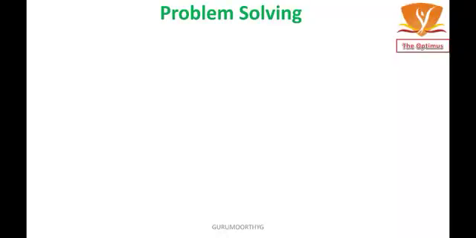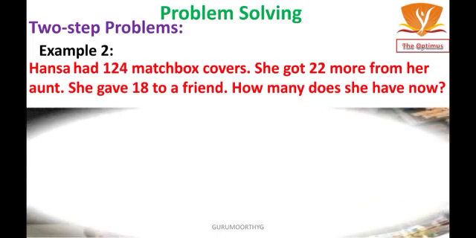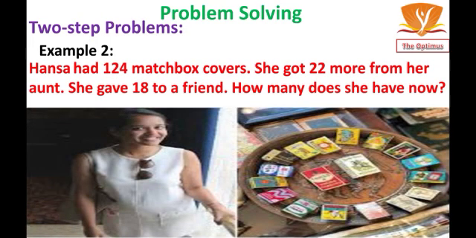Example 2. Hansa had 124 matchbox covers. She got 22 more from her aunt. She gave 12 to a friend. How many does she have now? Dear kids, we are going to solve by the two-step method.